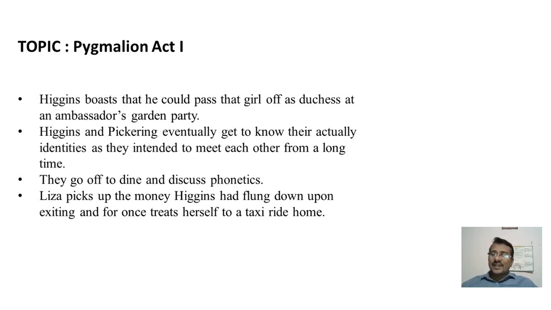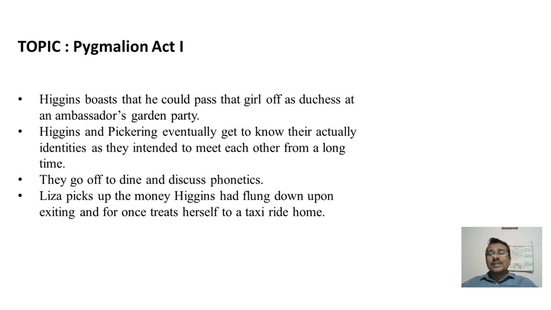Higgins and Pickering in this scene eventually get to know their real identity. Pickering is a person who is an expert in Sanskrit, and he says that he is from India.